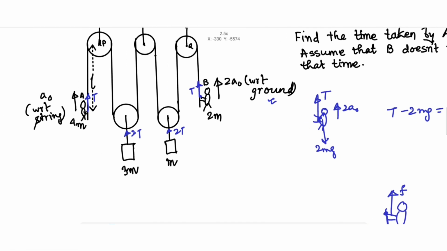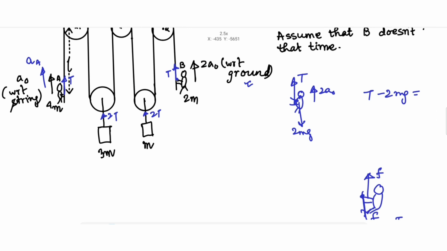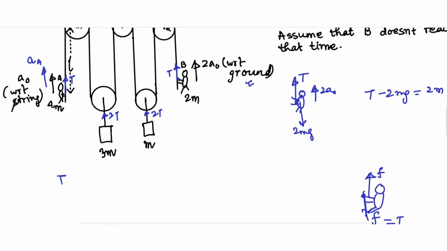Now, if the acceleration of monkey A with respect to ground is denoted as A subscript A, then I can write T minus 4mg equal to 4m A_A.